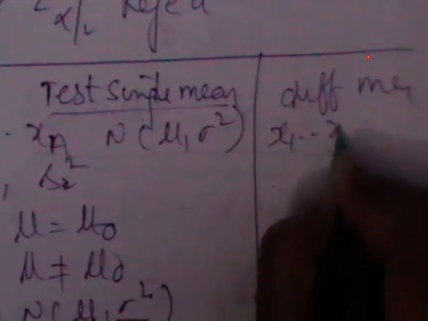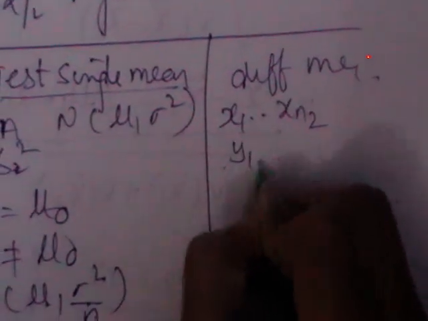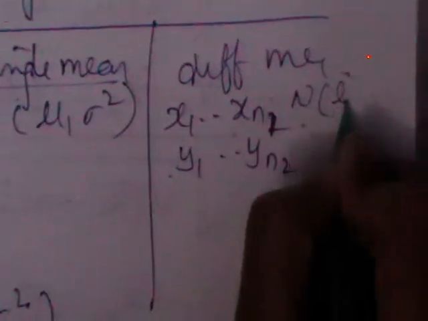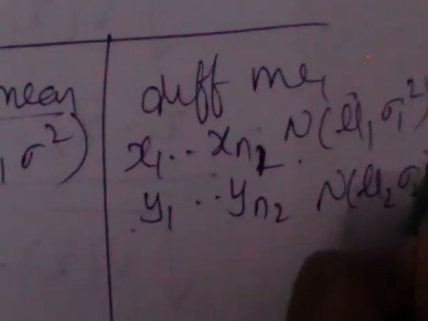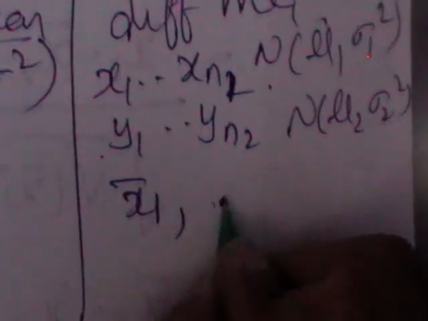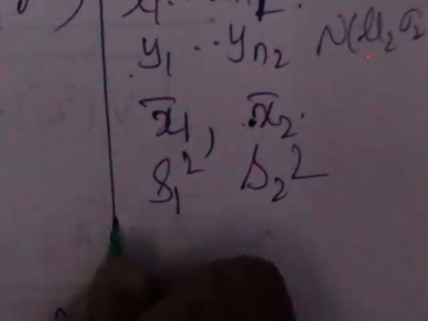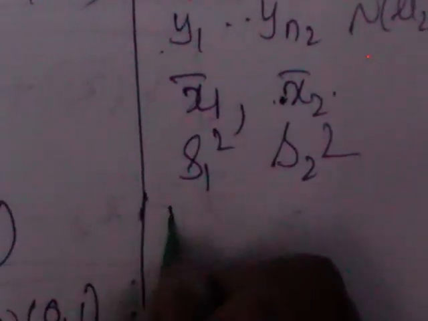Here you should describe two samples of two different sizes n1 and n2. You write these as N(mu1, sigma 1 square) and N(mu2, sigma 2 square). You should describe that x1 bar is the sample mean of the first sample, x2 bar is the mean of the second sample, and s1 square and s2 square are the sample variances. Next you should write H naught.